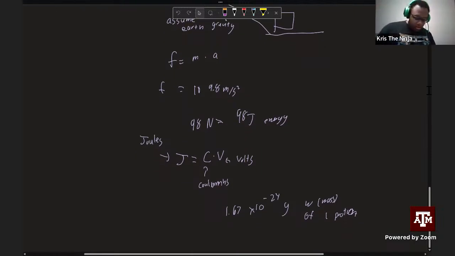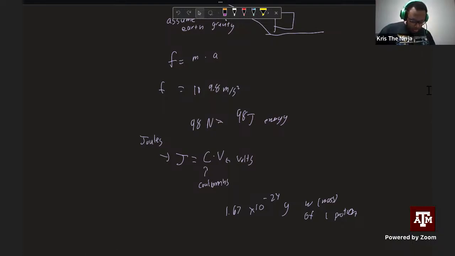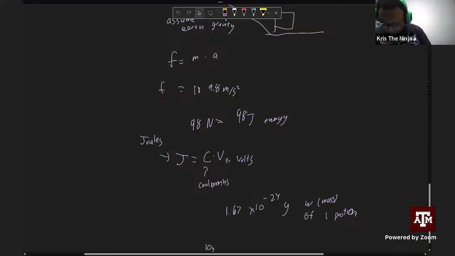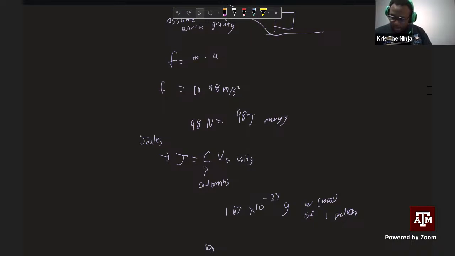So if you divide 10 grams by 1.67 times 10 to the minus 24, you get 5.988 times 10 to the 24th.